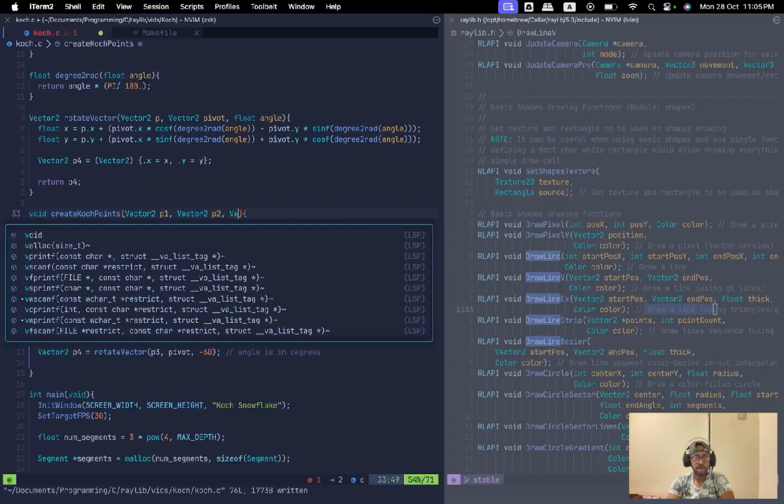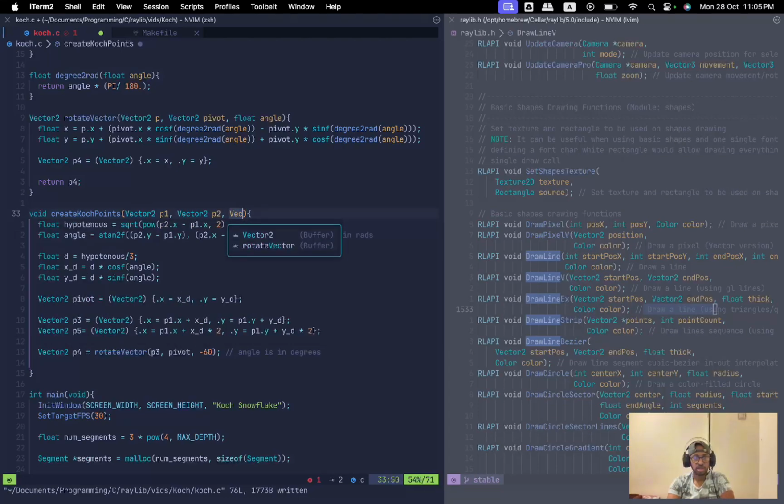I want them to be passed as a reference somewhere there. Because this is a recursive function, I want to update or calculate the values of p3 and p4.